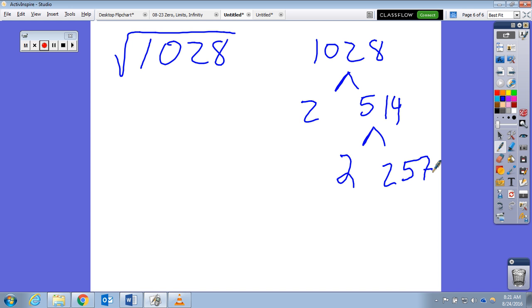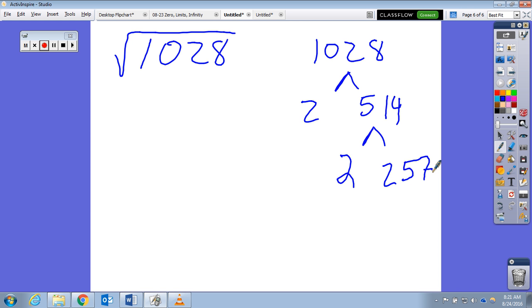Let's do this one. 257. Is that a multiple of 2? No, it's odd. What about 3? 2 plus 5 is 7, plus 7 is 14. 14 is not a multiple of 3, so 3 doesn't work. 5 doesn't work. Someone try out 7 on a calculator. 36 and change, so that doesn't work.